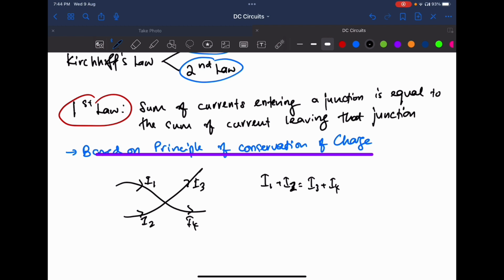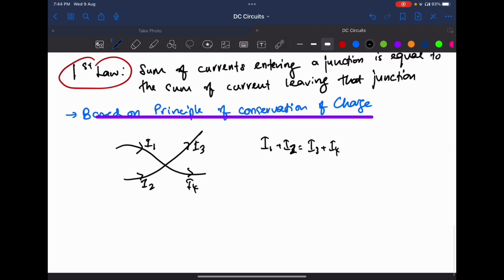Okay. So for example, say now you have 5 ampere and here you have 10 ampere and here 7 ampere. So what is this value?